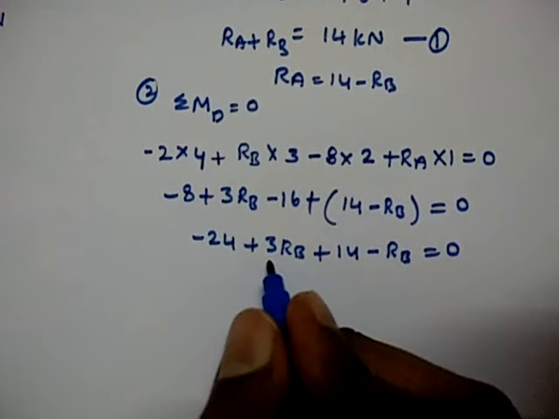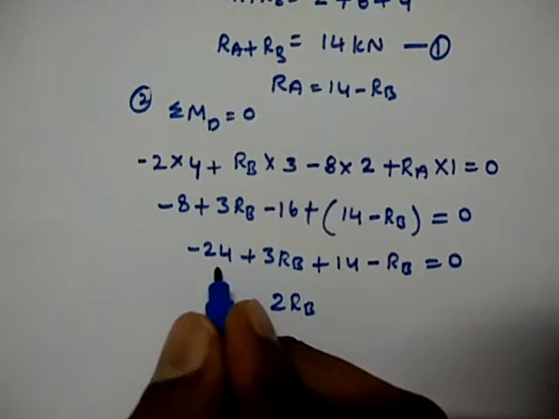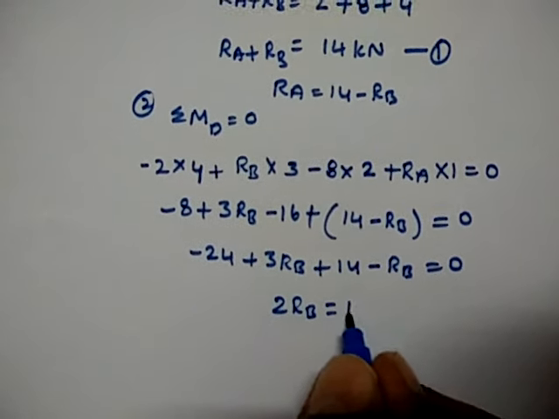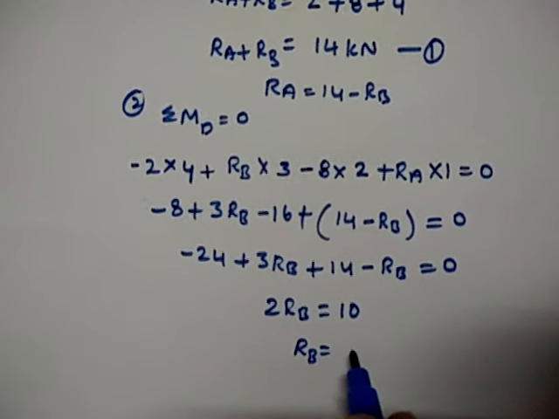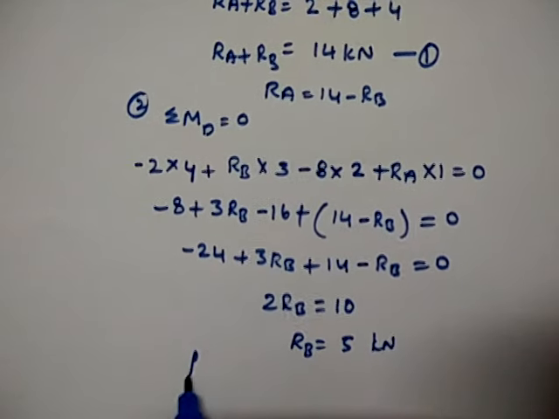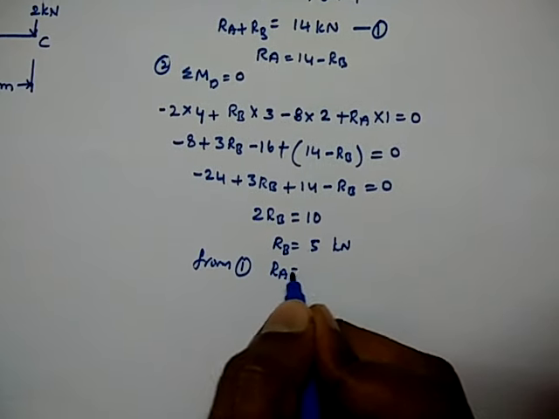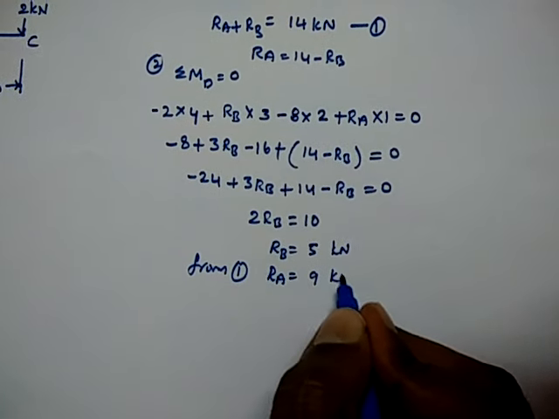So 3 RB minus RB is 2 times RB, and minus 24 plus 14 is minus 10. Sending it to the other side, it is plus 10. So the RB value is 5 kilonewtons, and from equation number 1, RA is 14 minus 5, which is 9 kilonewtons.